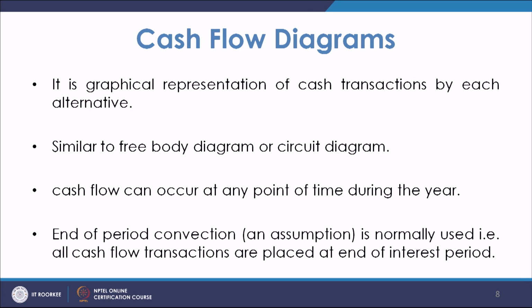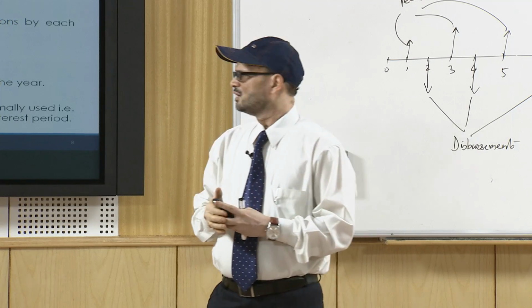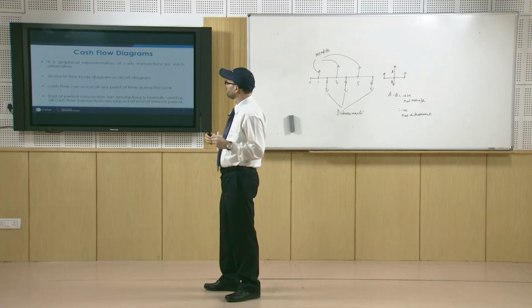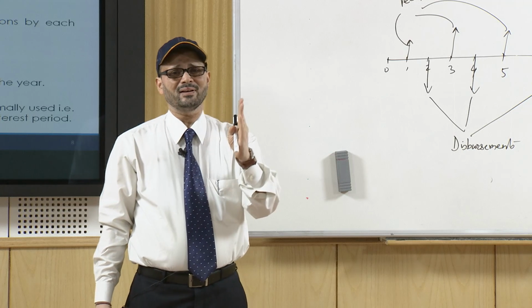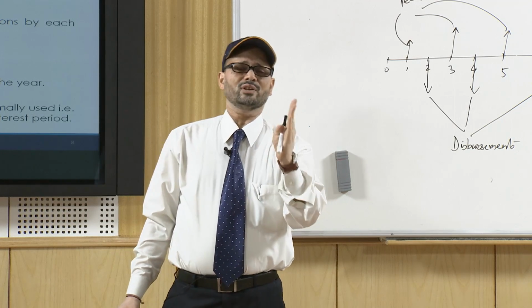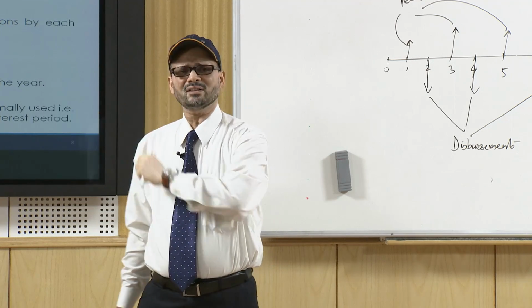Cash flow can occur at any point of time during the year, but we will have certain assumptions that we will discuss later when we calculate the amount of compound interest. Any cash flow can happen sometime during the third quarter, during the second month or during the sixth month.